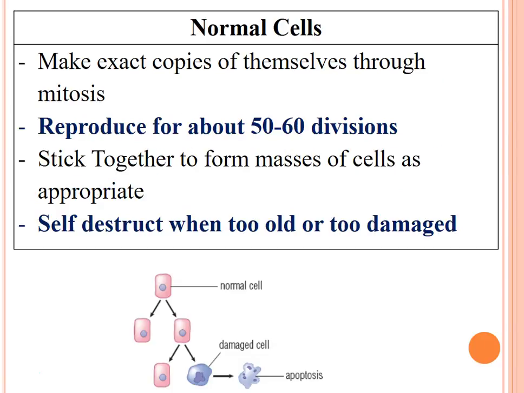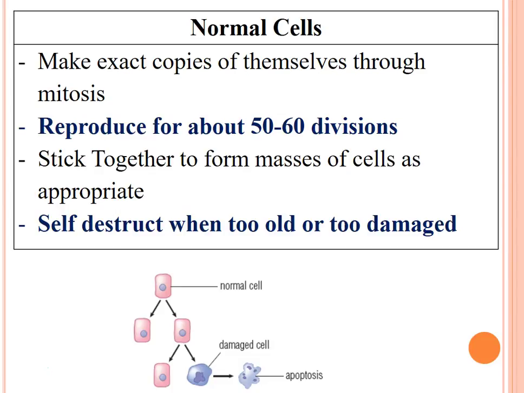So just kind of comparing normal cells and cancer cells. Those normal cells are going to divide through mitosis and cytokinesis, making exact copies of themselves. They'll reproduce about 50 or 60 times, and normal cells stick together, right? They form not masses of cells, but they form our tissues and our organs.